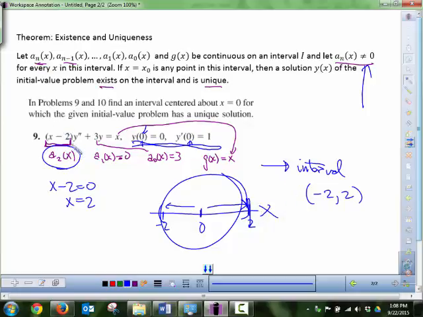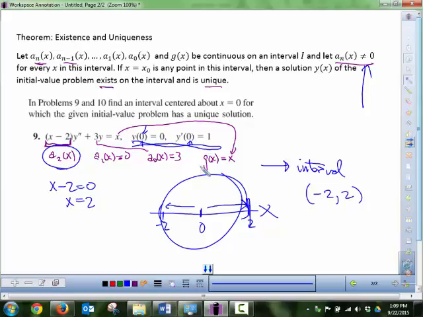The chances are when we do this stuff, we're going to divide by x minus 2, and when you divide by x minus 2, you can't have x equal to 2, because you'll get some bad stuff. Okay? All right, so that's a little bit about the existence and uniqueness theorem. So we know that we can find a solution. We don't know if we can find it explicitly or symbolically, but there is a way to find a solution here. And we'll take a look at the techniques that they're going to talk about in this chapter.